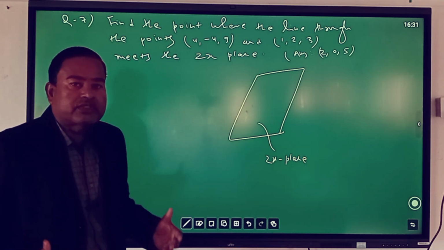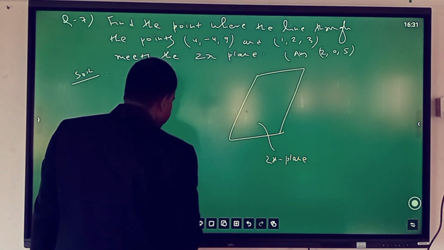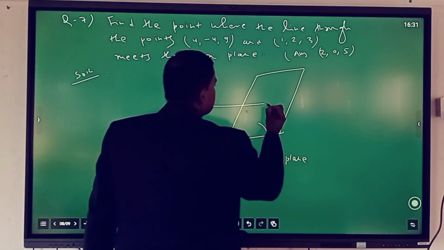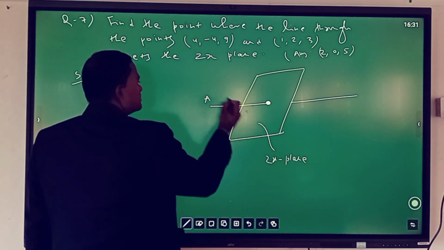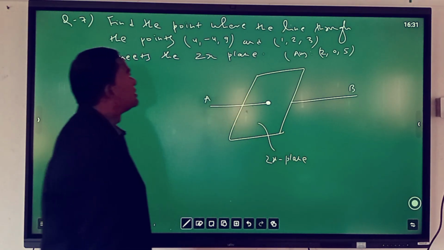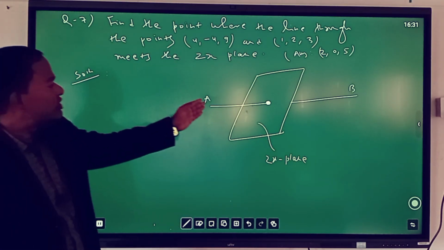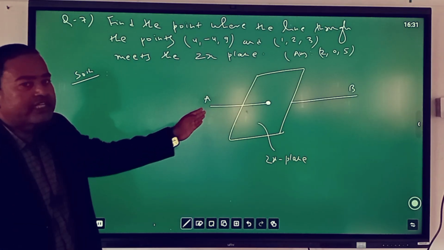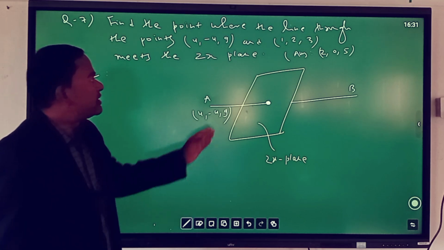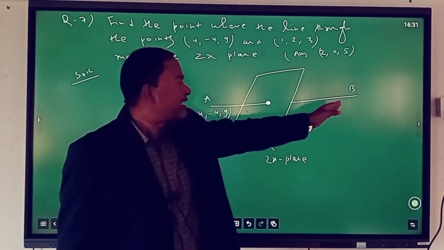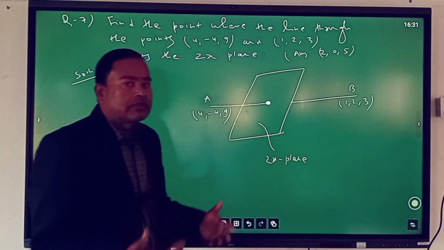Dear students, in this question we are given a zx plane, and we are given a line joining the 2 points. The first point is 4, minus 4, 9, and the second end point of the line is 1, 2, 3.